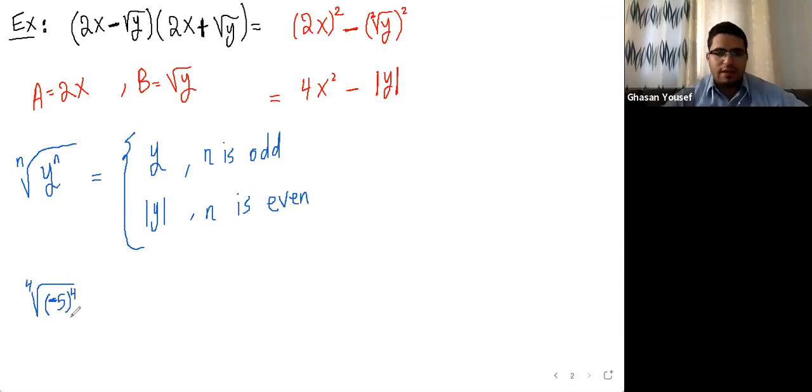The n here is 4, and 4 is an even number. So the value should be the absolute value of minus 5, and the absolute value of minus 5 is 5. So the answer is 5.